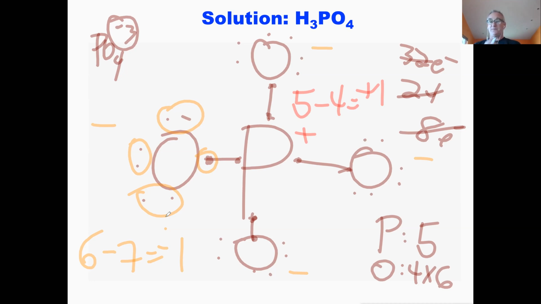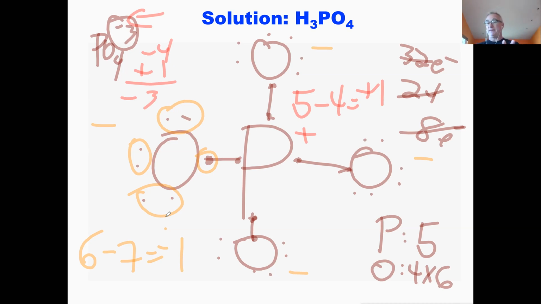In this instance, everybody has a charge. That's as many formal charges as you can possibly get. But look, we're supposed to have a -3 charge, and if we add them all up, we have -4 plus 1. So that's the right number of charges.